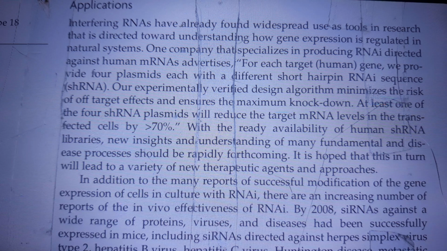One company that specializes in producing RNAi directed against human mRNAs advertises: for each target human gene, we provide four plasmids, each with a different short-hairpin RNAi sequence.